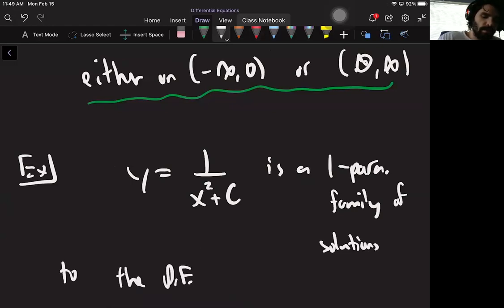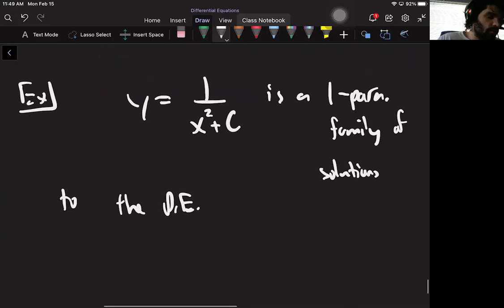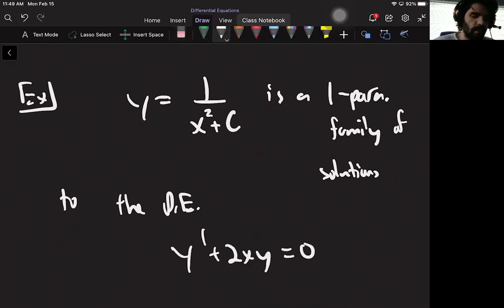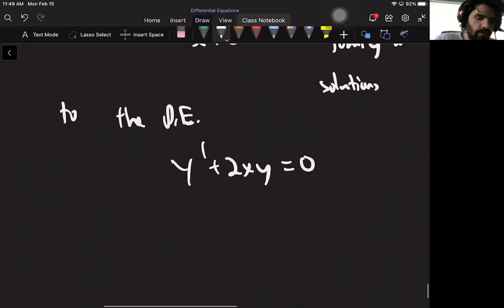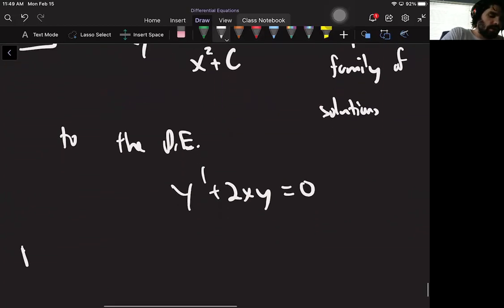So you don't have to check it, but you can if you want for practice. This will work for any c that you plug in, it'll be a solution.